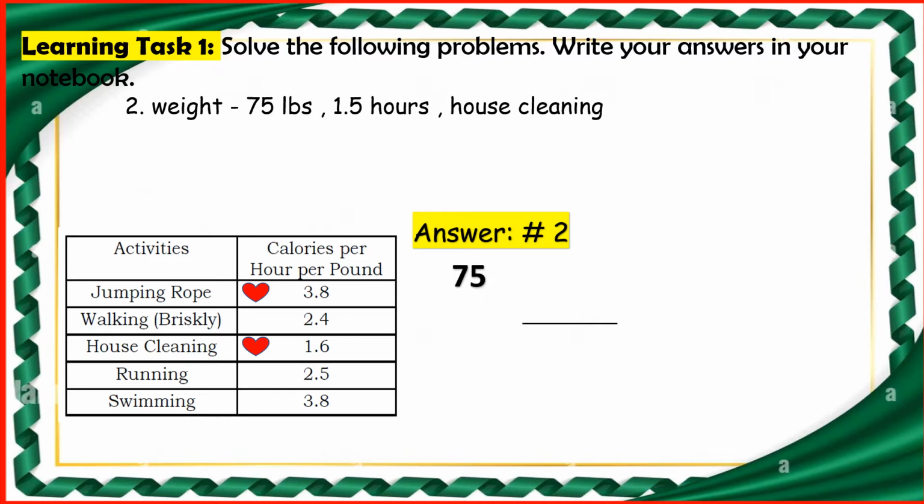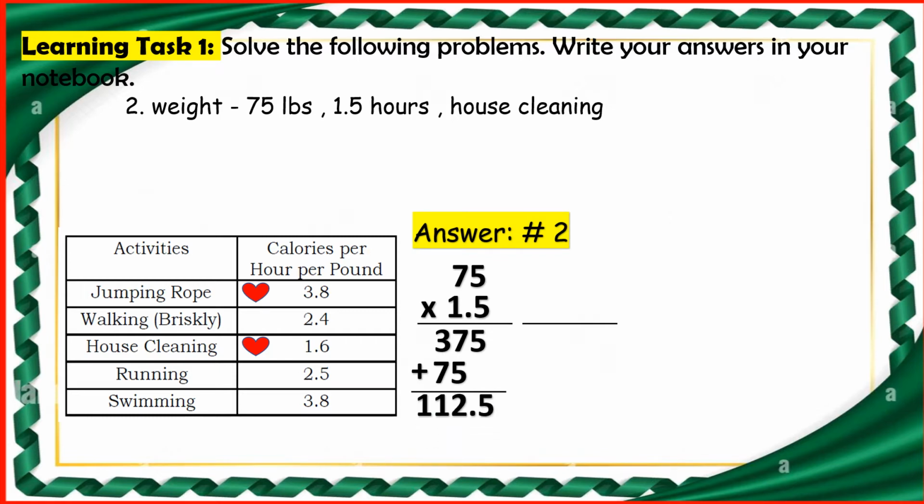So let us multiply 75 by 1.5 hours. We multiply first 75 by 5, and the answer is 375. And then multiply 75 by 1, the answer is 75. And then let us add 375 plus 75.